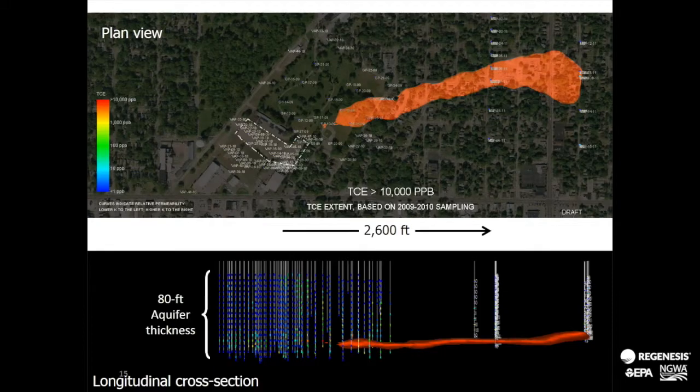So here's a real site. This is one of the first sites where we tackled a very large plume that had no investigation done on it before we got there, with the exception of a few monitoring wells near the source zone. And the monitoring wells had really not picked up any concentrations above 100 ppb. The site owner thought that doesn't ring true, knowing the site history where they had sand bottom lagoons.